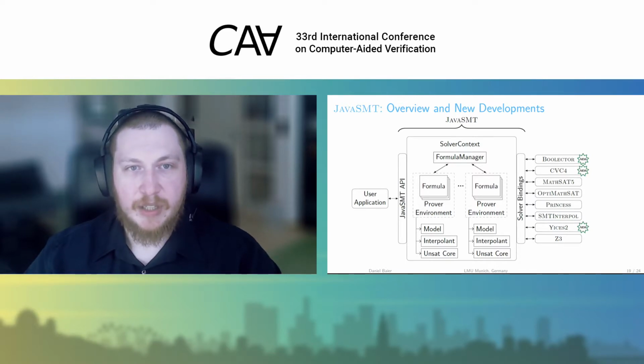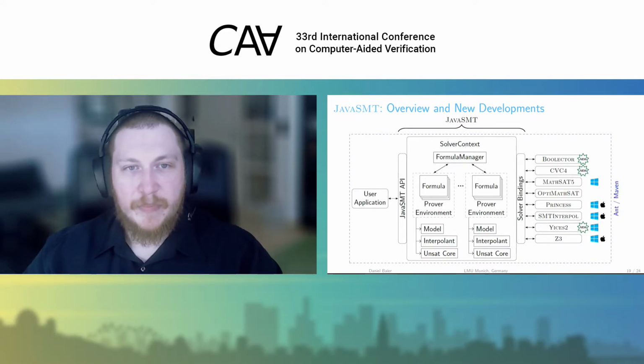While all solvers present in JavaSMT are available for Unix systems, multiple are now available for Windows, such as MathSAT5 or Z3. And to make JavaSMT3 usable on all mainstream operating systems, some solvers are also available for macOS, for example Z3 or SMTInterpol.